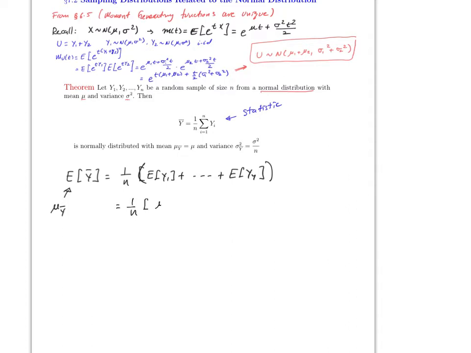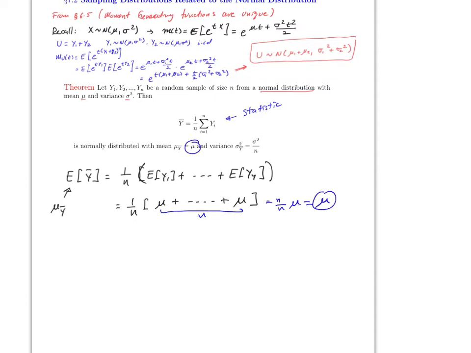The expected value of the first one is mu. All of them will be mu because they are identically distributed. We have n of these, so this will be n over n times mu, which is just mu.